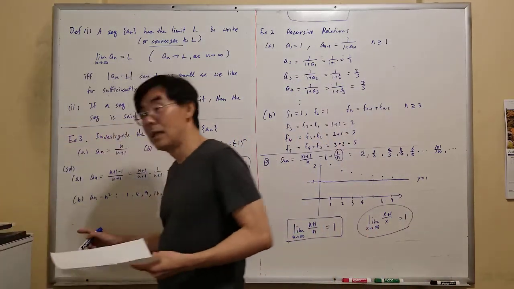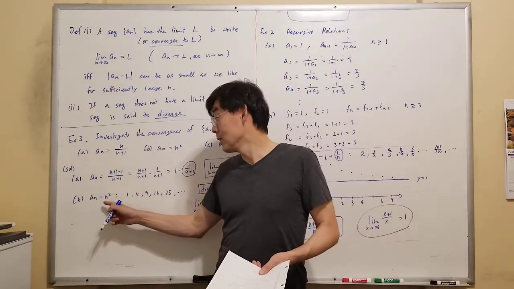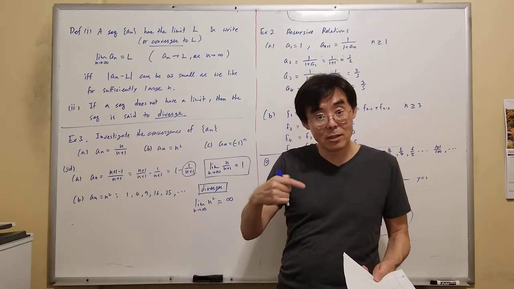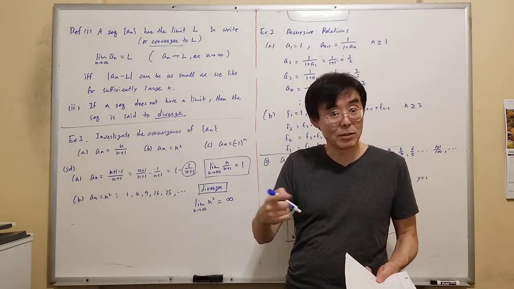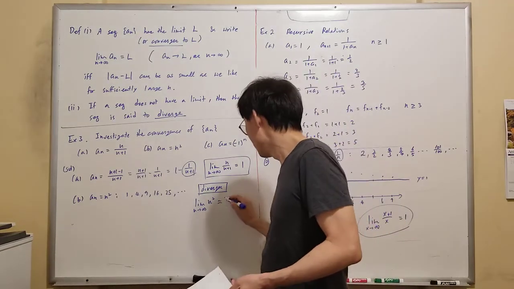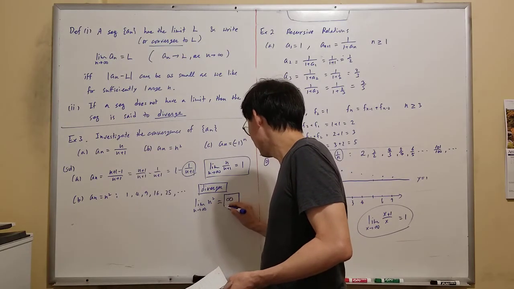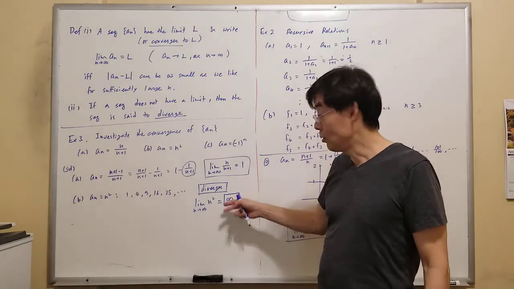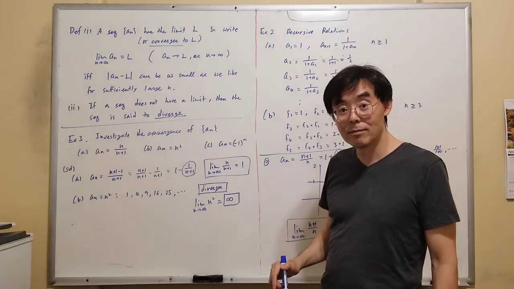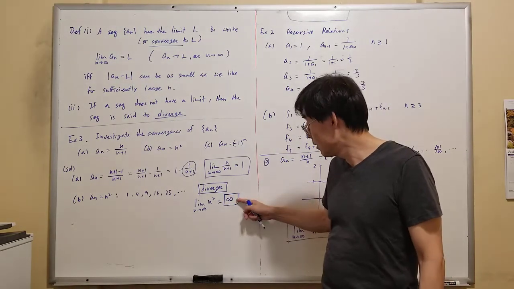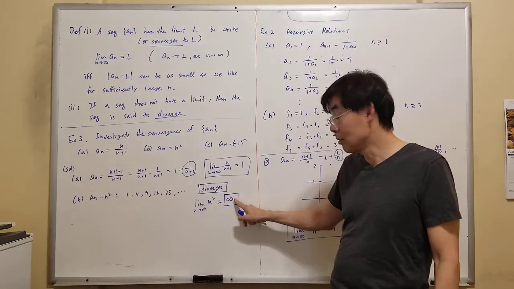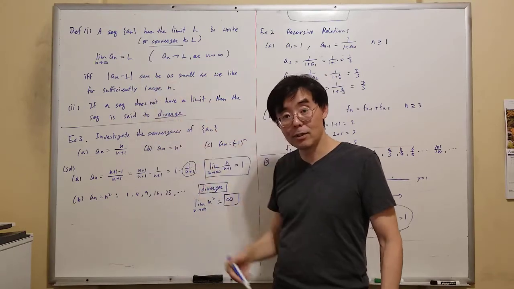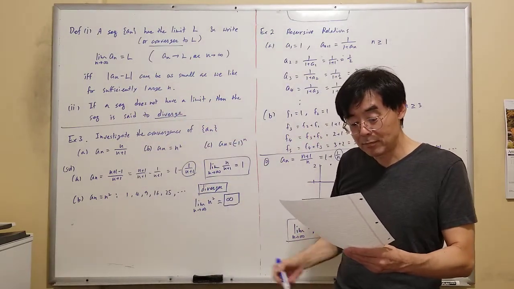If you are asked if there is a limit for this sequence, then your answer has to be no, there is no limit because it is a divergent sequence. But if you are asked to fill up this blank, then you can put the infinity sign, understanding that infinity is not a limit value. This is not even a real number. Your limit has to be a finite real number. But still we allow this notation.